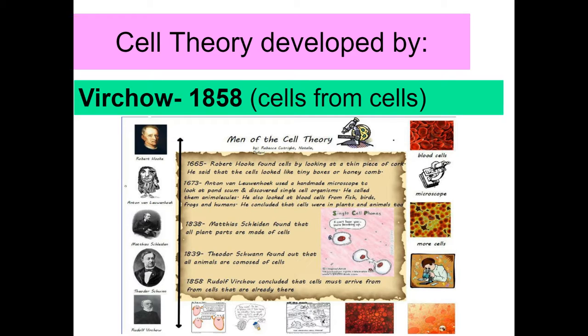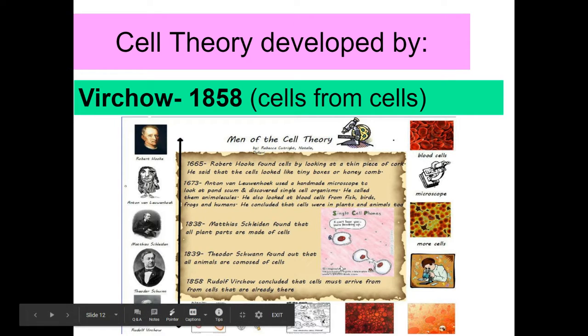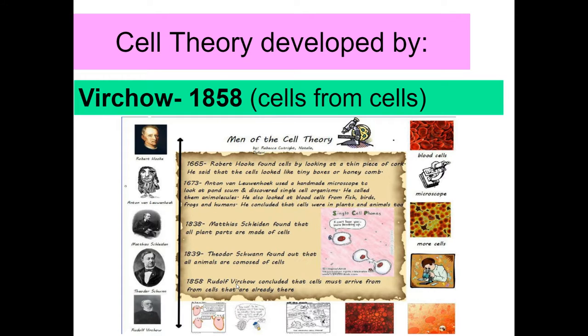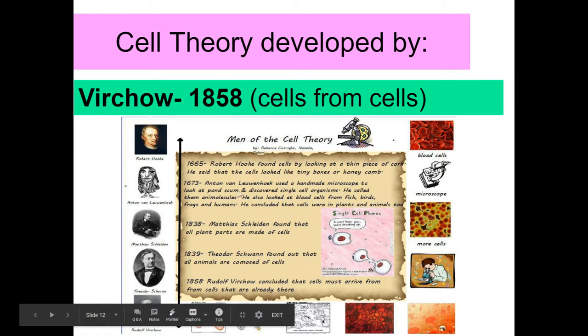And so together, those scientists developed the cell theory, and it was mainly the last three that we just talked about that are credited with the three parts of the cell theory. But if you notice, it took over 150, well, almost 200 years to actually develop the cell theory, from the first time we were able to see cells until we got the last part of the cell theory.